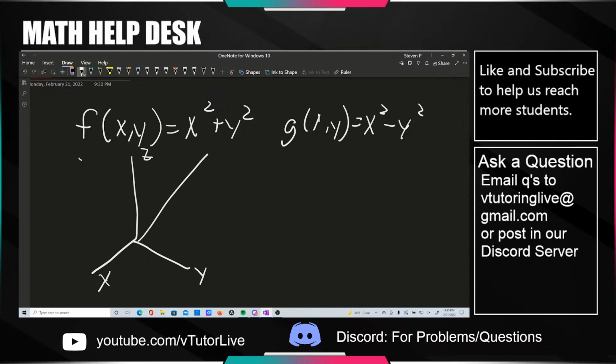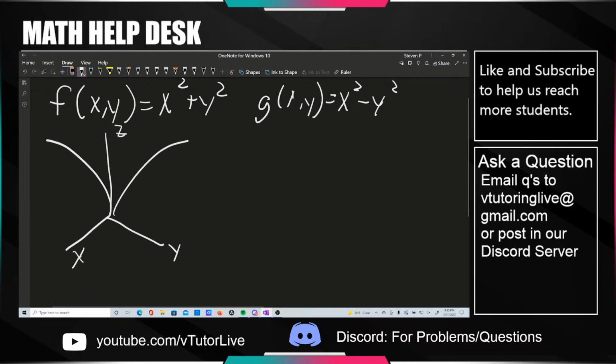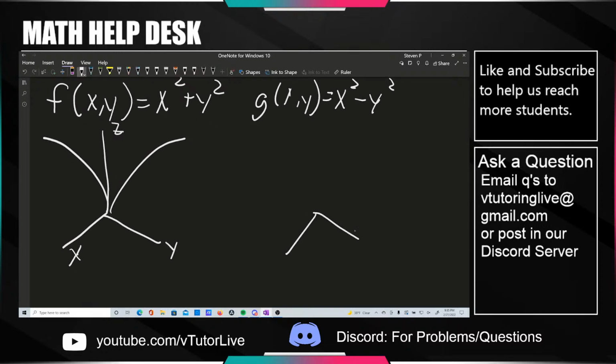Is this a cone or is this a straight paraboloid? Doesn't really matter. Or does it behave like this? I don't remember off the top of my head, but this other one is, if I remember correctly, a saddle, which is kind of hard to draw, but it kind of looks like that.